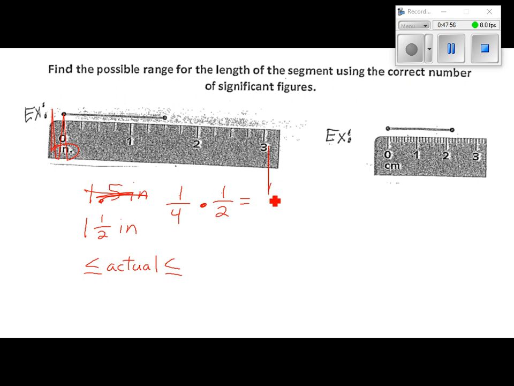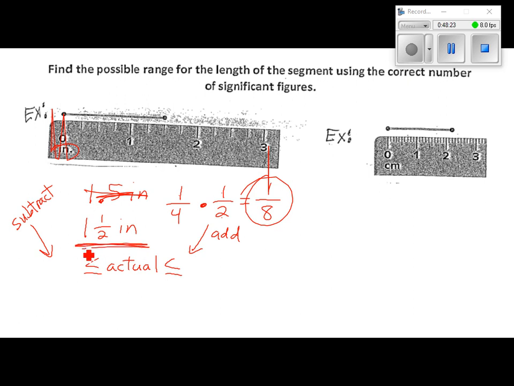There you go. 4 times 2? So our precision number is 1/8. We can get to within 1/8, too high or too low. So down here on this side, we're going to subtract 1/8 off. On this side, we're going to add 1/8 to our measurement right here. What we guessed it was, or what we said it was.